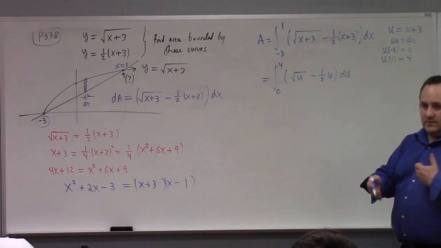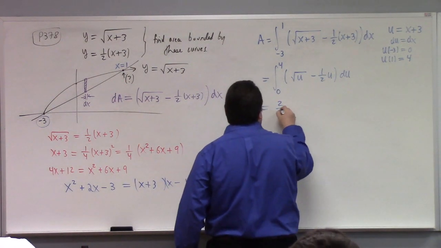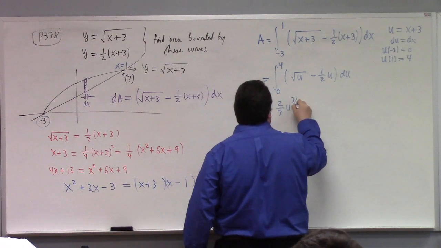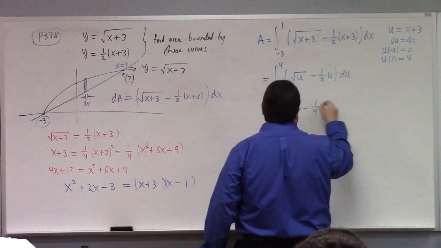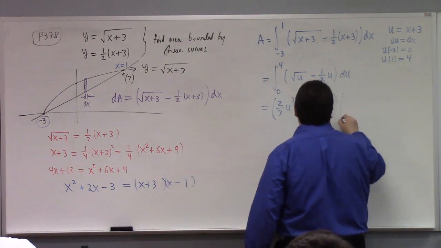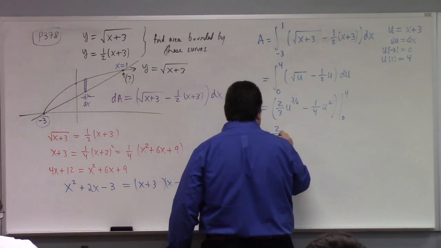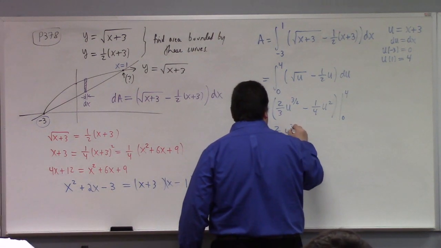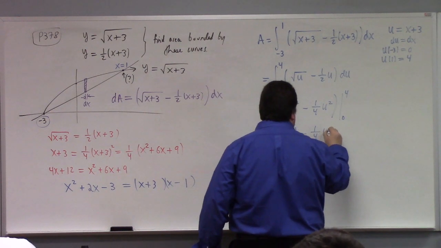And then square root of u integrates to what? 2/3 u to the 3/2 minus 1/4 u squared. You've got to evaluate that thing from 0 to 4. So we get 2/3 times 4 to the 3/2 minus 1/4 times 4 squared.